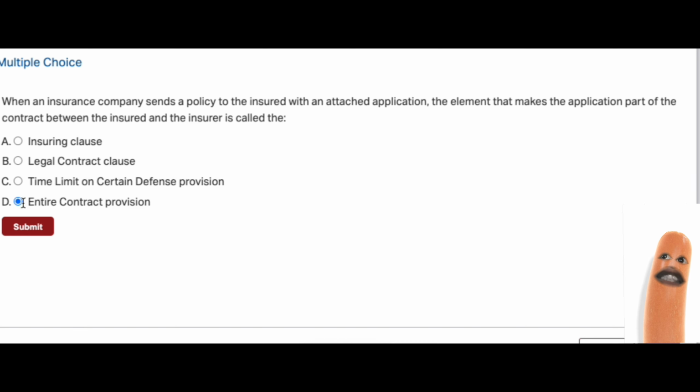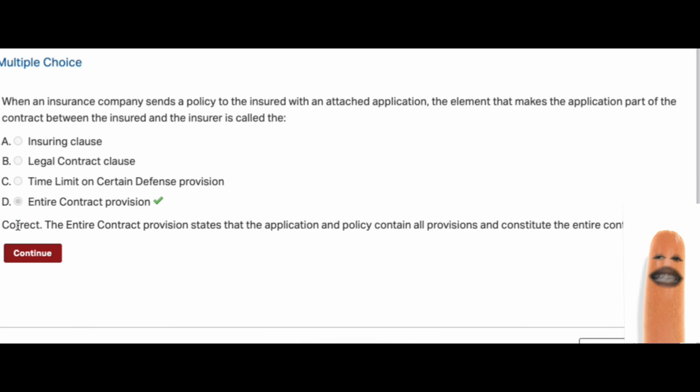Entire contract provision. Ding! Correct. The entire contract provision states that the application and policy contain all provisions and constitute the entire contract. That's right. Take them notes. Next question, please.